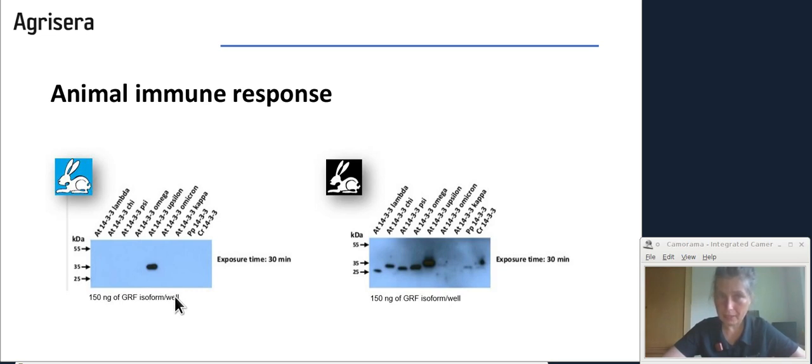As you can see here, these 2 rabbits were injected with the same target, and it resulted in very different immunological response. So this rabbit produced an antibody only against one isoform, while the second rabbit covered a much wider range of isoforms of this antigen.